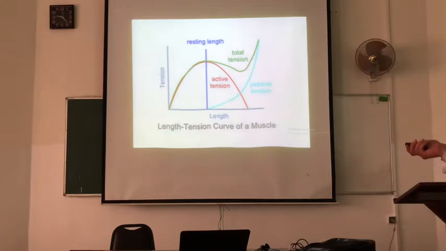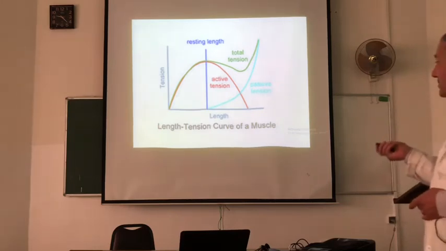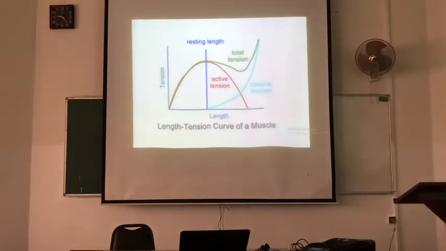If you are subtracting this from the total tension, you are getting the third curve here, which is called the active tension. So this active tension that we are having here in red line represents the tension that can be developed by the stimulation process, okay?